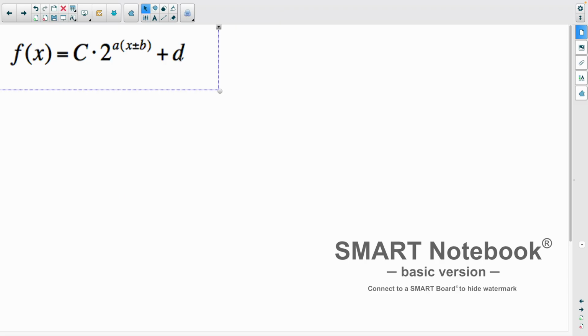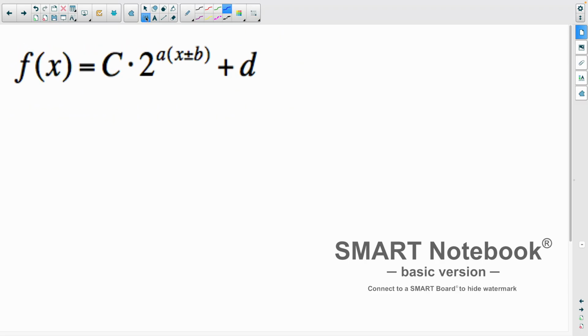Now that we've graphed a couple parent functions, we need to be able to transform and move these exponential graphs around. Okay? So, I have f of x equals c times 2a to the x plus or minus b, and then plus d.